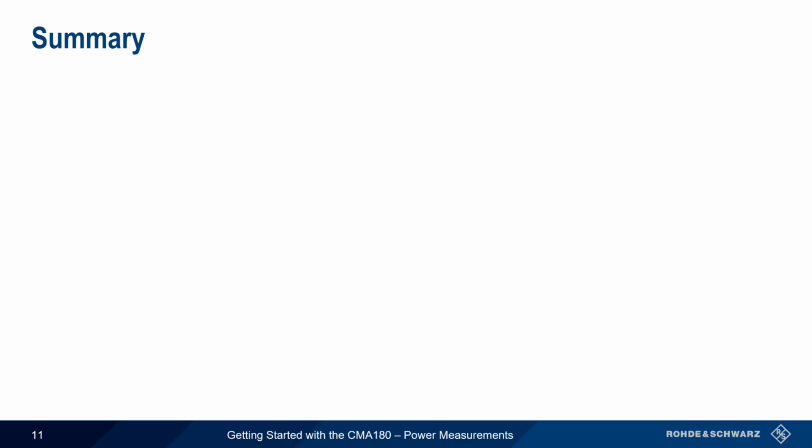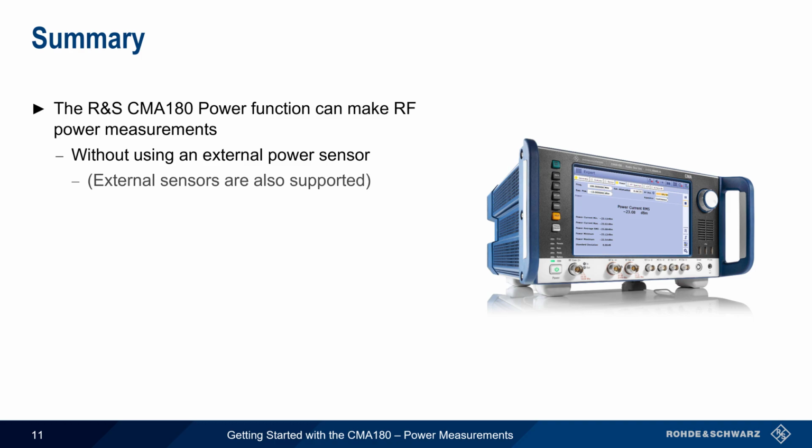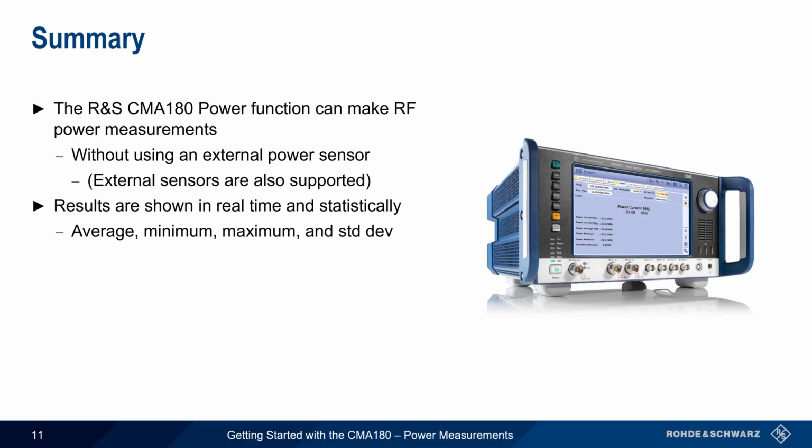Let's end with a brief summary. The Power tab in the Rohde & Schwarz CMA180 radio test set can be used to make RF power measurements without requiring external power sensors, although external power sensors are also supported on the CMA. Results are displayed in both real-time and statistically as average, minimum, maximum, and standard deviation. The measurement time and statistics intervals are both user configurable.